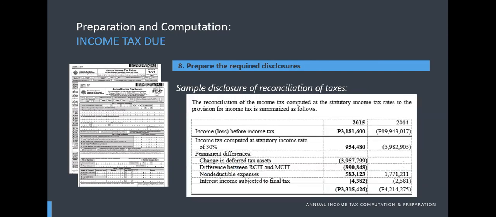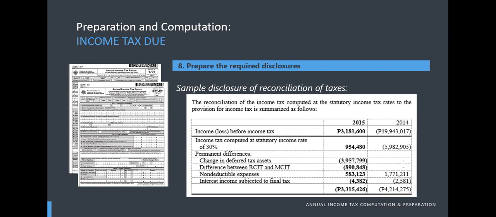There must also be a reconciliation of the income tax computed at the statutory income tax rates to the provision for income tax as summarized. So, income or loss before income tax. So, this is at 30% already. The statutory income tax rate is at 30%.